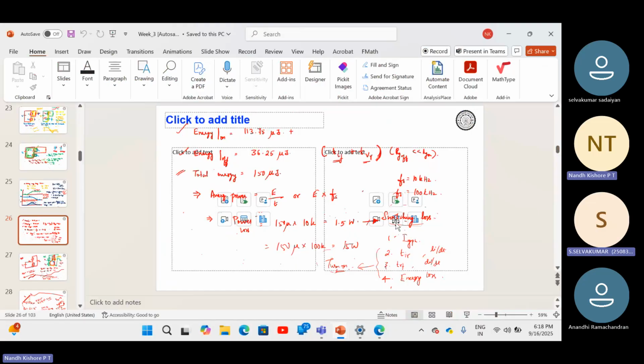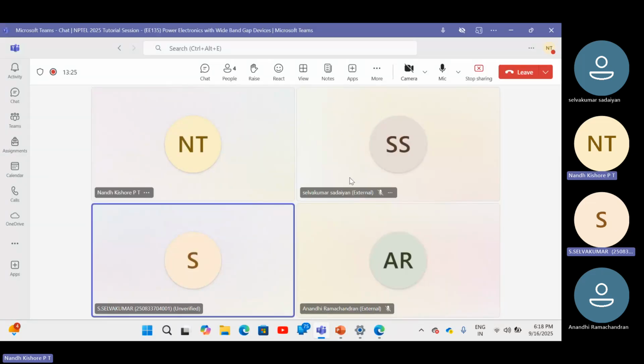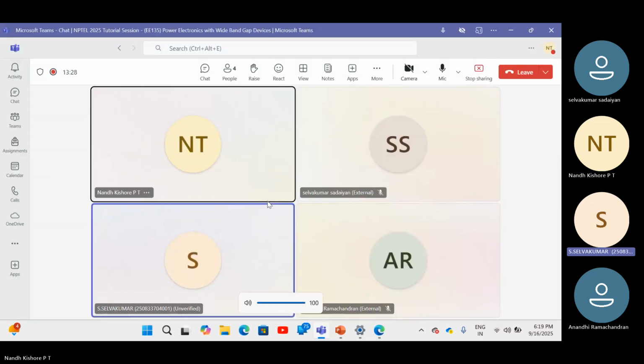Sir, your voice is echoing. My voice is echoing? Are others also hearing it twice? Others, you are also facing the same problem, Selva Kumar sir and Anandi?